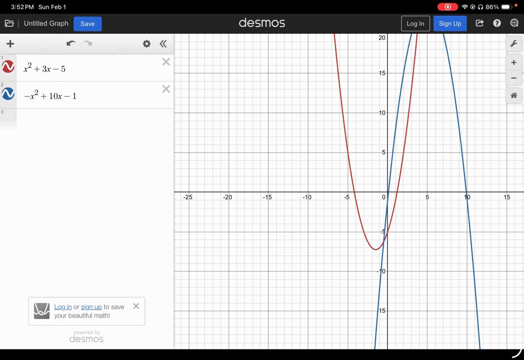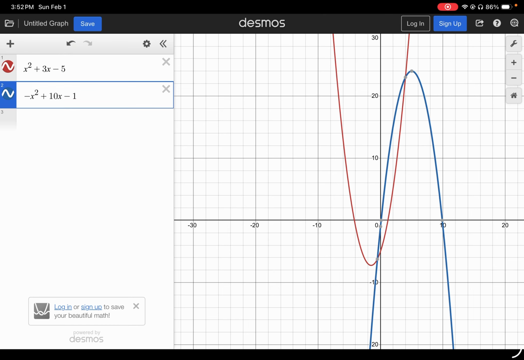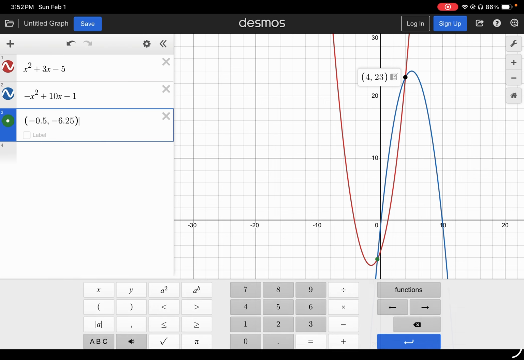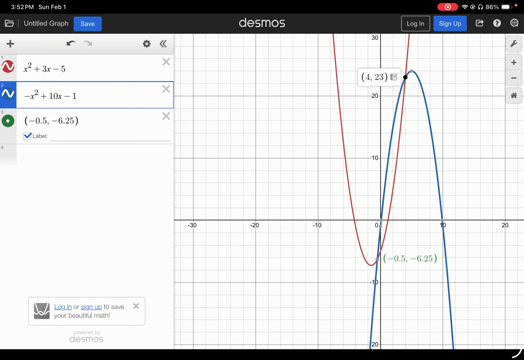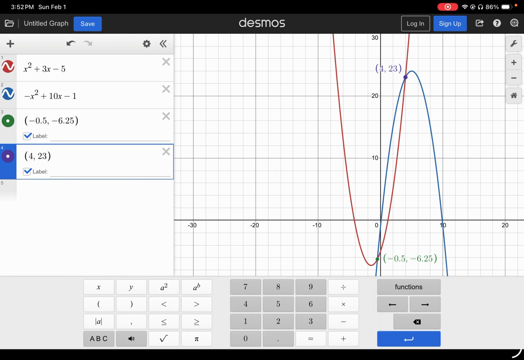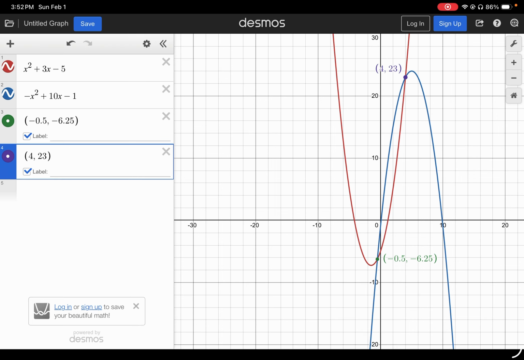So when I zoom out, these guys touch here and there. So I think that these two intersection points are my solutions, negative 0.5, comma 6.25, and 4, comma 23.